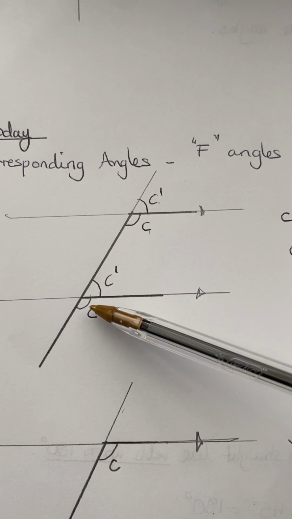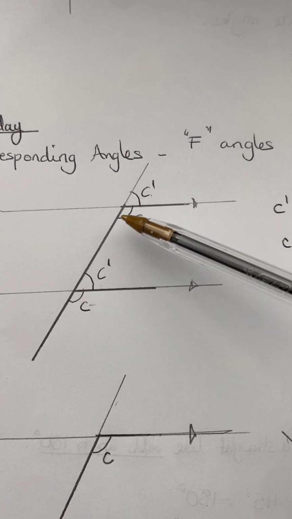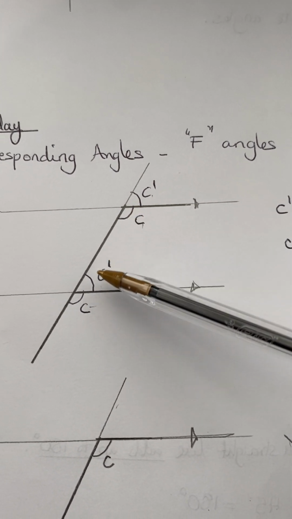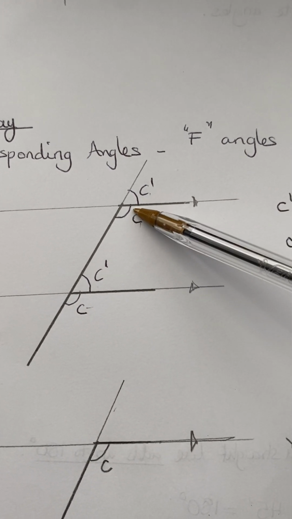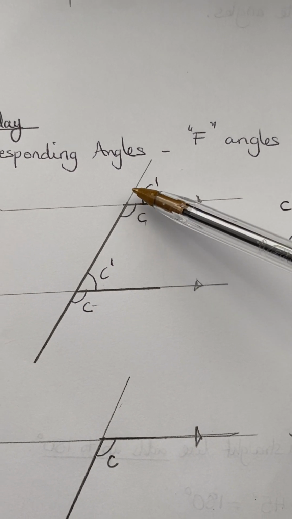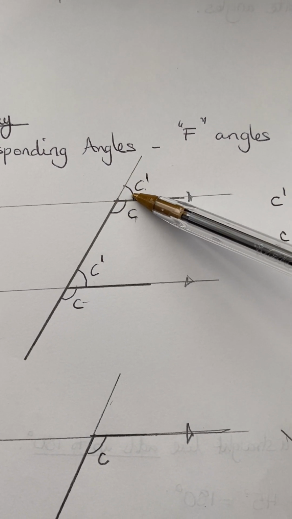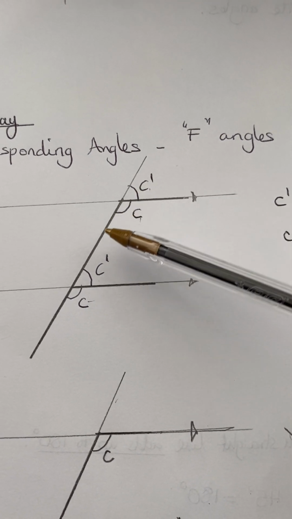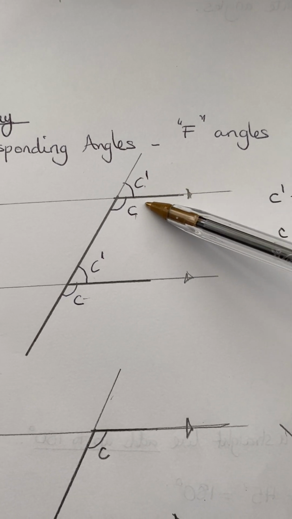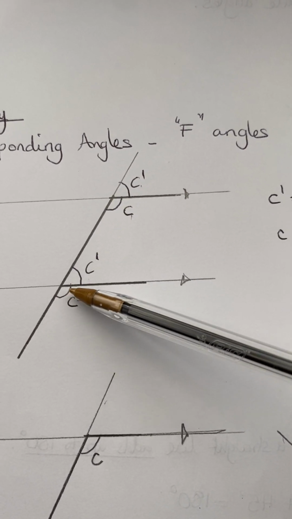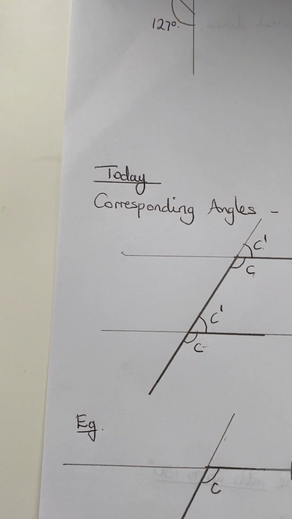So if I know this C, straight away this C and this C are the same. So for instance, if they tell me C is 30 here, then it should be 30 here. So I can use the angle on a straight line to find the C1, which will also be true for this C1. So basically that is the F shape here, and we call these angles corresponding angles.